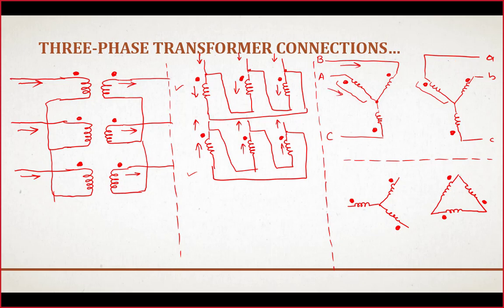The current which is flowing in phase B is in phase with this current. This A will be in phase with this current, and this current in phase C will be in phase with this current. In this way we have developed this delta.